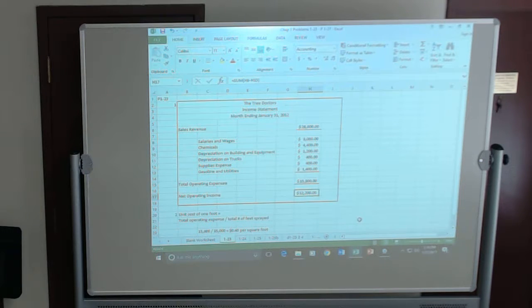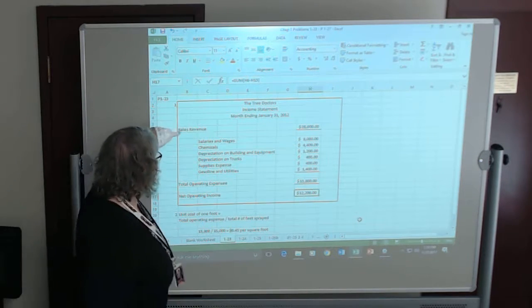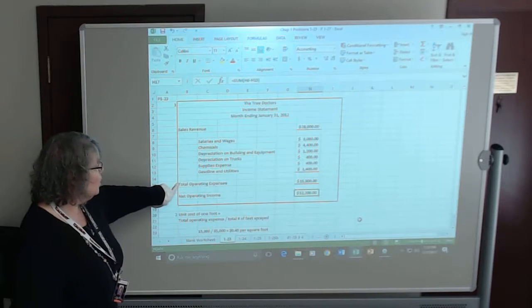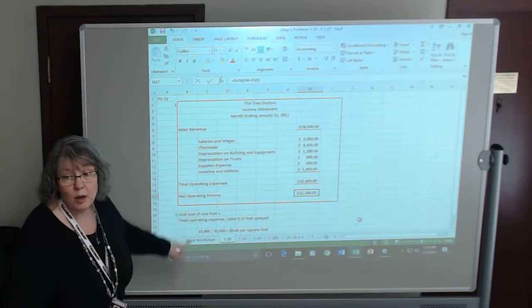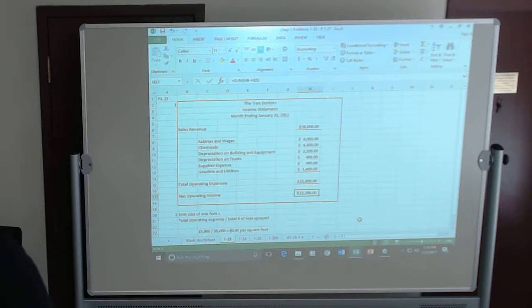So this is the basic income statement. Question? What's the formula? It's total sales minus total operating expense equals net operating income. Revenue minus expense total equals income.